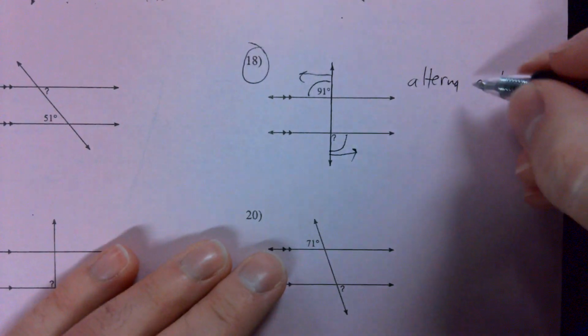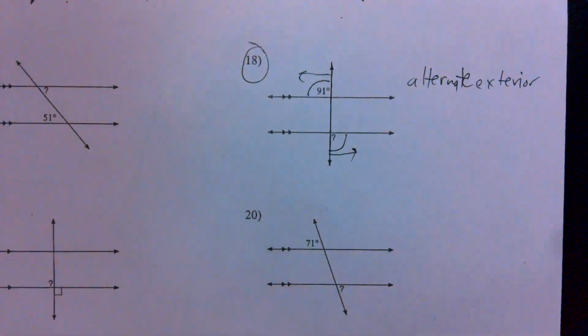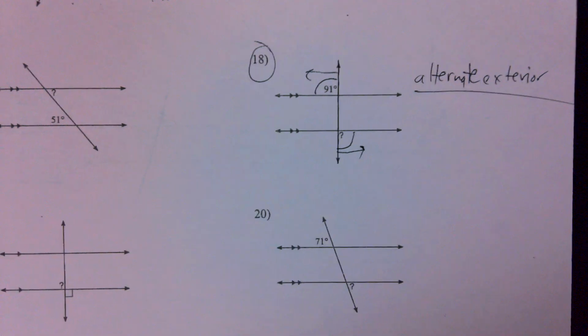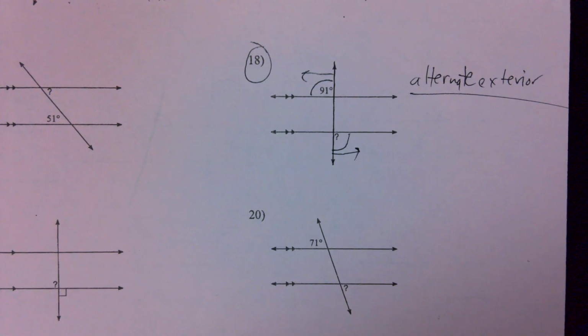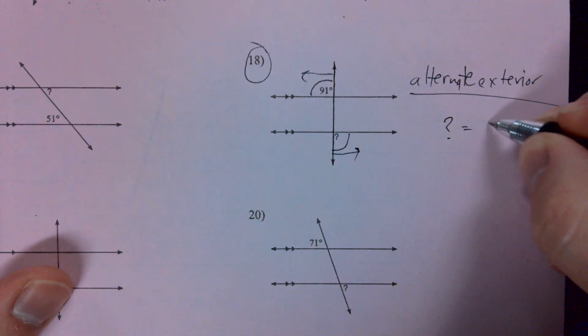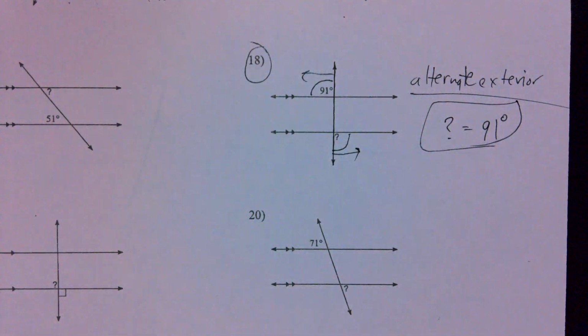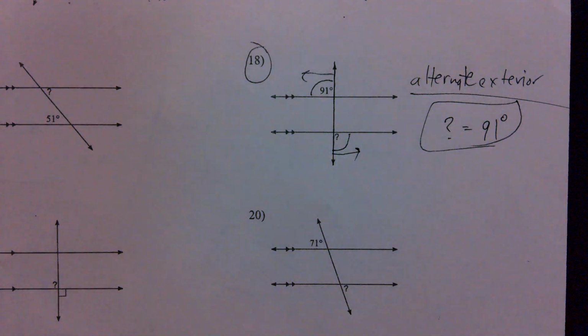And they're both on the exterior. That gives me alternate exterior angles. Are those going to be equal or supplementary? Those are also equal. Look at how easy this is. My missing angle is also 91 degrees. How fun, right?